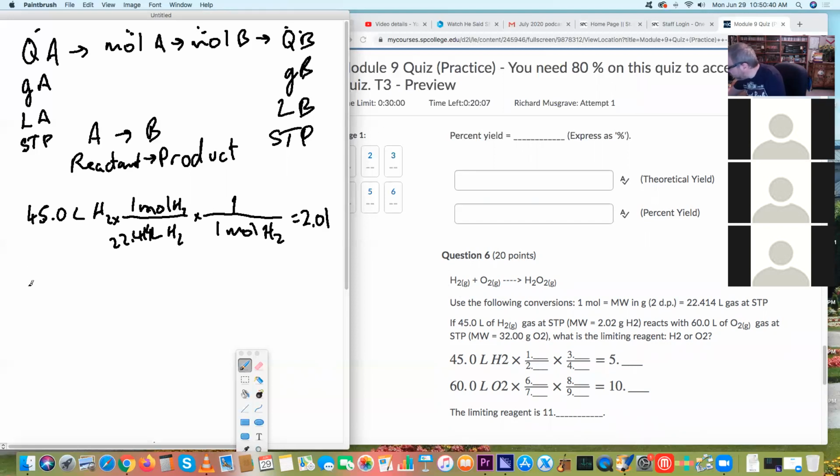And the other one, 60.0 litres of O2. Again, we figure out the number of moles, moles of O2 over litres of O2 to cancel, 1 mole, 22.414 litres. And then times 1 over the number of moles in the reaction equation, which is 1 mole O2.